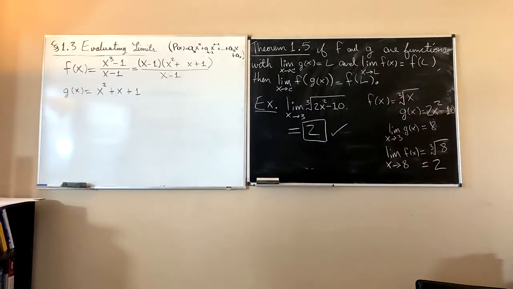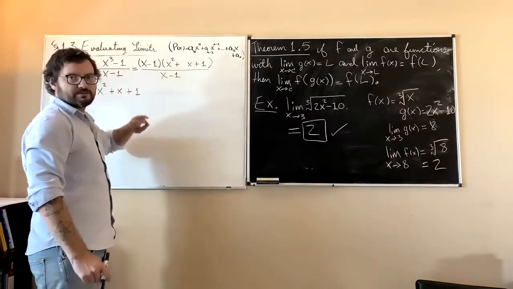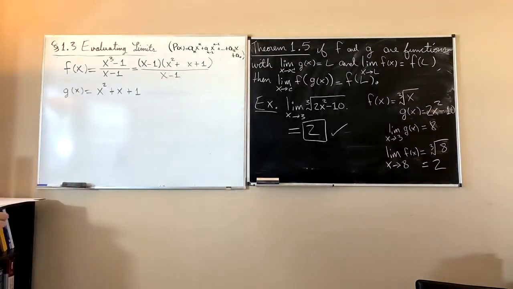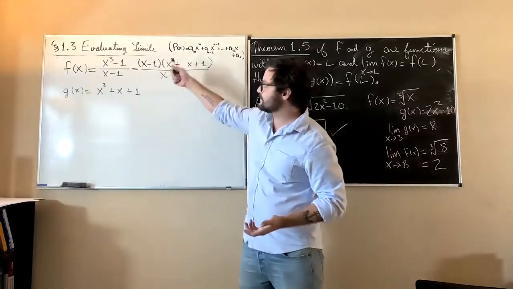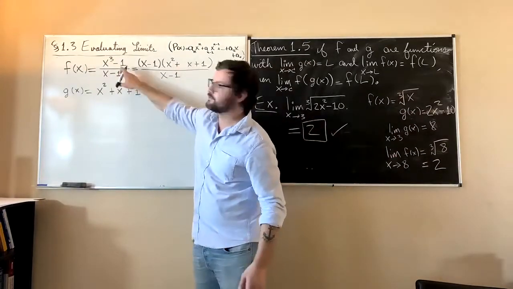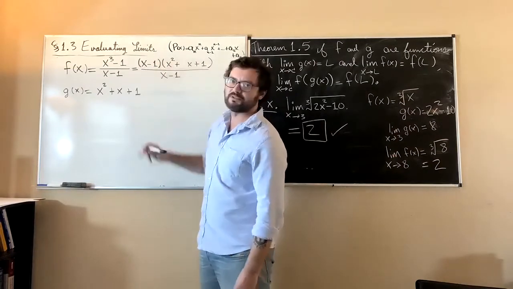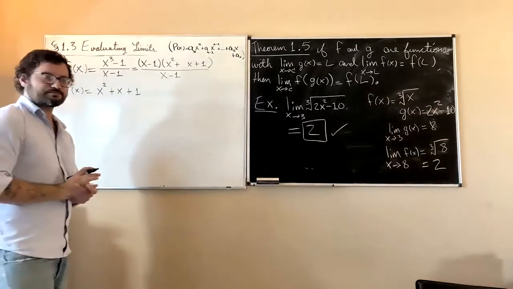You can only divide out x minus 1 divided by x minus 1 whenever x is not equal to 1. So this is, in fact, a different function from that function, even though when you simplify this ratio, they become the same. This is what's called a removable discontinuity.